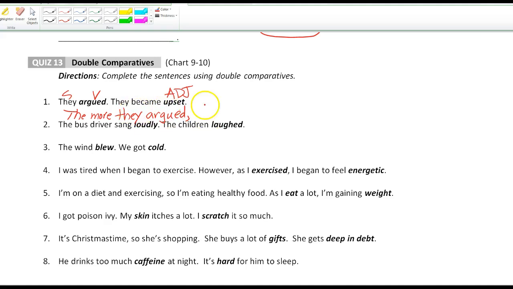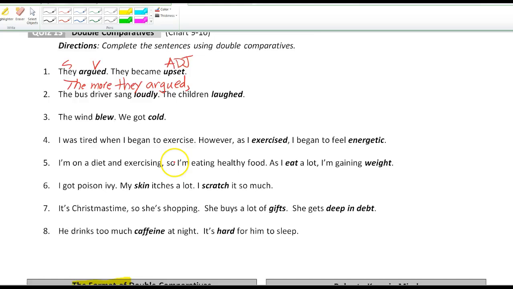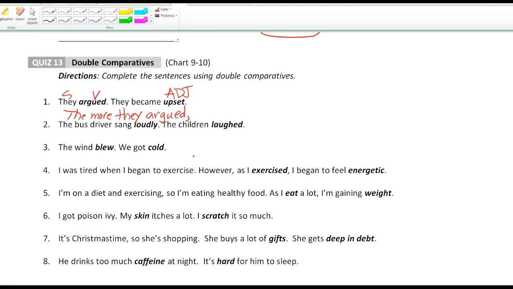comma, and then we have adjective format. We need the, and then the comparative, whatever that is. It could be with er and it could be with more. So let's look at it. We've got upset. Upset is 2 syllables, and it doesn't end in Y or anything else.